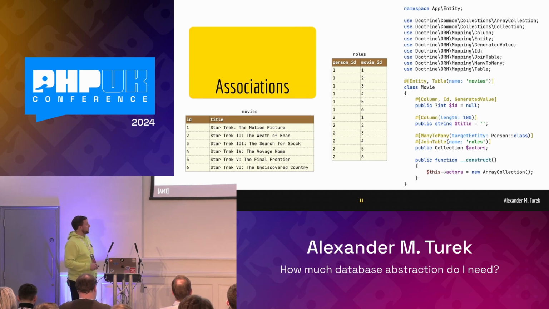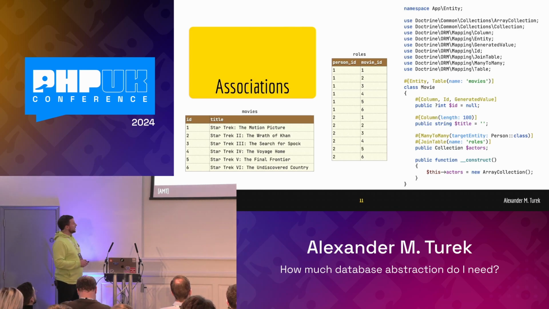So I can say that I have a collection of actors that star in a certain movie. This collection of actors is then mapped to my person entity, and I have a many-to-many association. That means a person can star in multiple movies, and one movie can obviously have multiple actors that star in it, right?